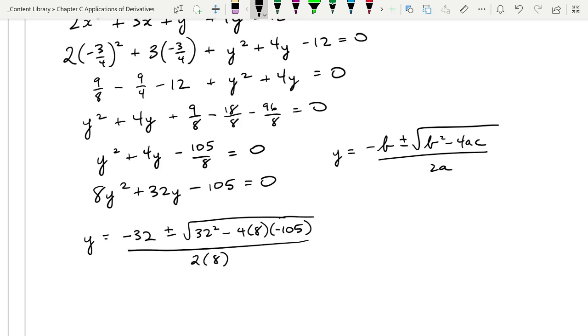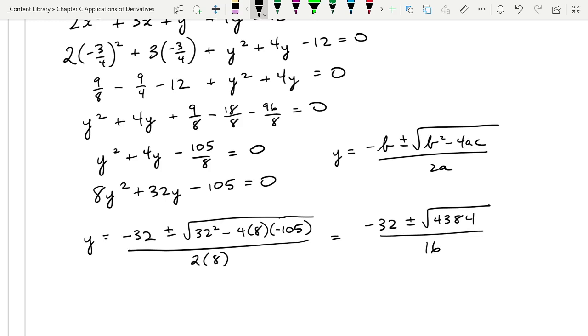Okay, so again, we don't want a decimal here, so I don't know that I'd reach for my calculator. So I might have to do some scrap work, but it turns out that this is negative 32 plus or minus, and after a little bit of scrap work on some scrap paper, I found out that this is the square root of 4384. And of course 2 times 8 is 16.